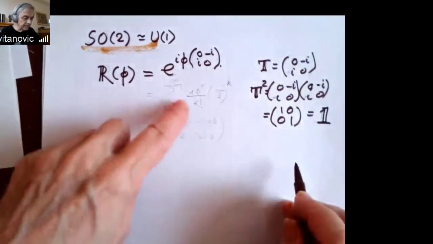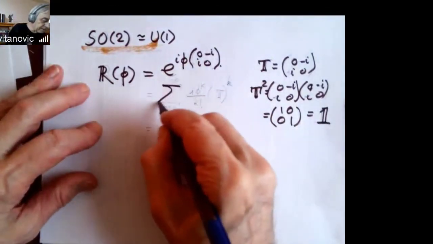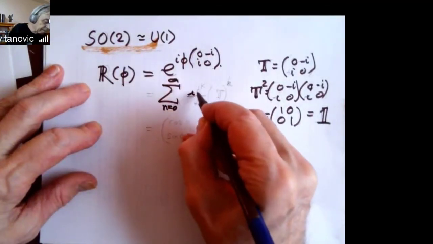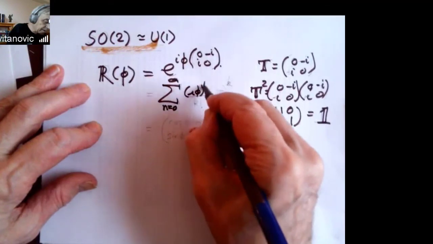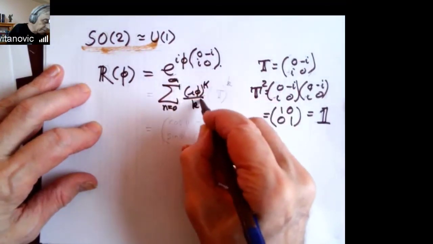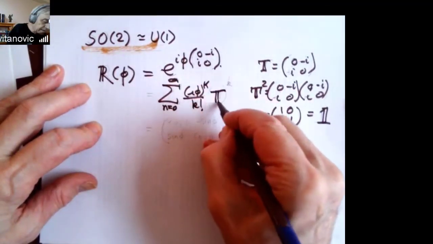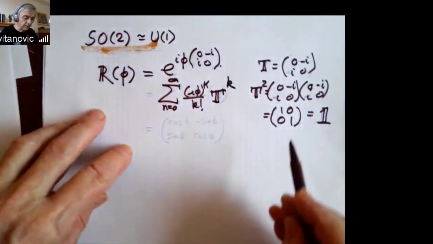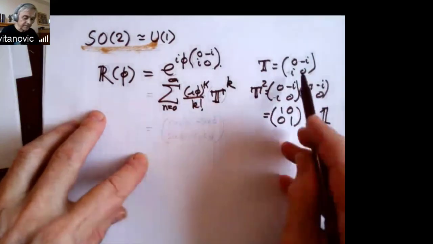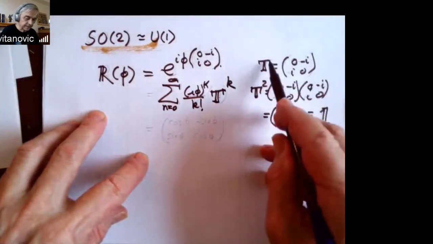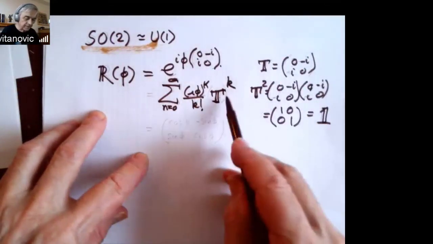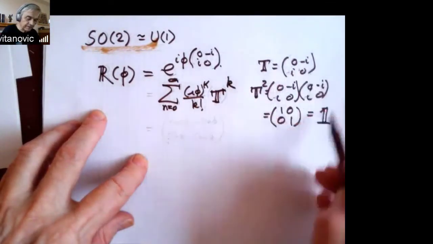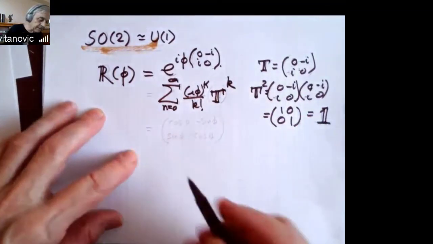So that means that this infinite sum, Taylor series, sum over k equals 0 of (i phi)^k over k factorial times T^k, the generator, this matrix, splits into only two matrices, either this one or that one, because odd powers are proportional to this, even powers are proportional to identity.